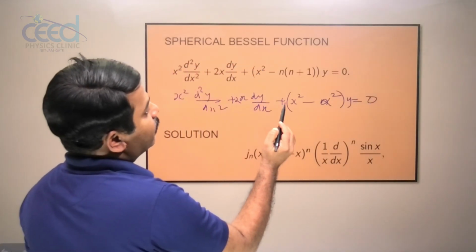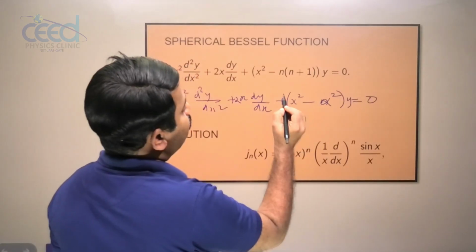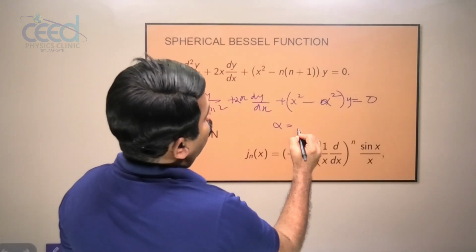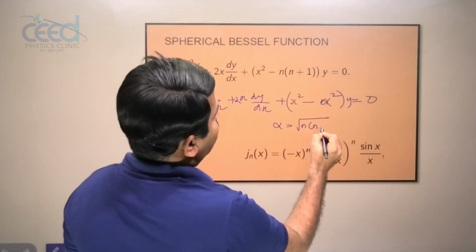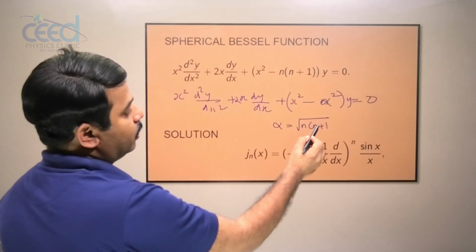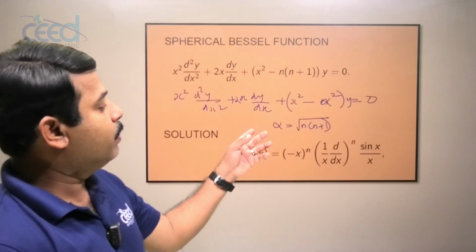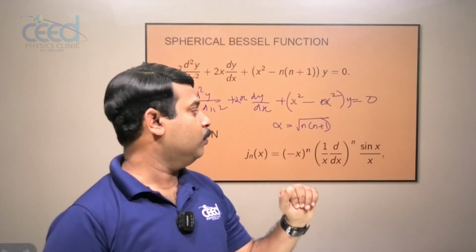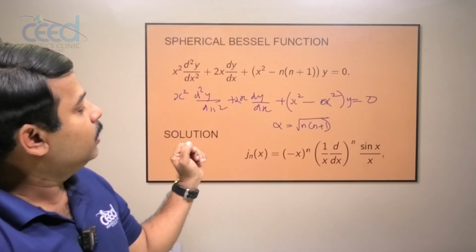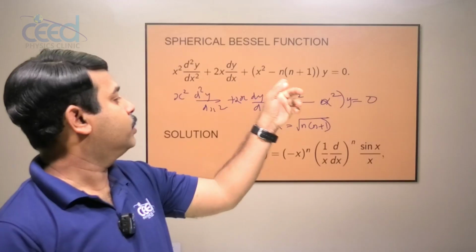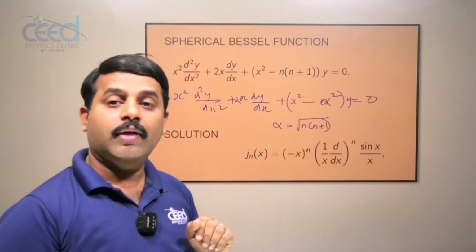Now see, this alpha I am replacing with root of n into (n+1), am I right? This alpha I am replacing with root of n(n+1). Then I can write this differential equation like this, understood?